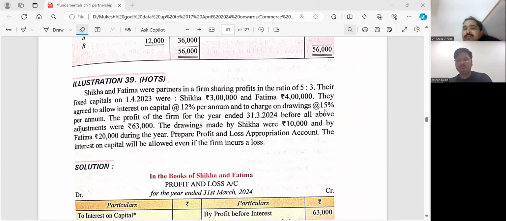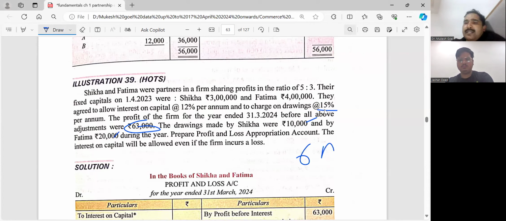They agreed to allow interest on capital at 12% per annum, interest on drawing 15% per annum. Profit for the year ended before all of the above adjustments is 63,000, drawings 10,000 and 20,000, but the date of drawings is not given. If the date of drawings is not given, then interest will be charged for 6 months. Is it clear?